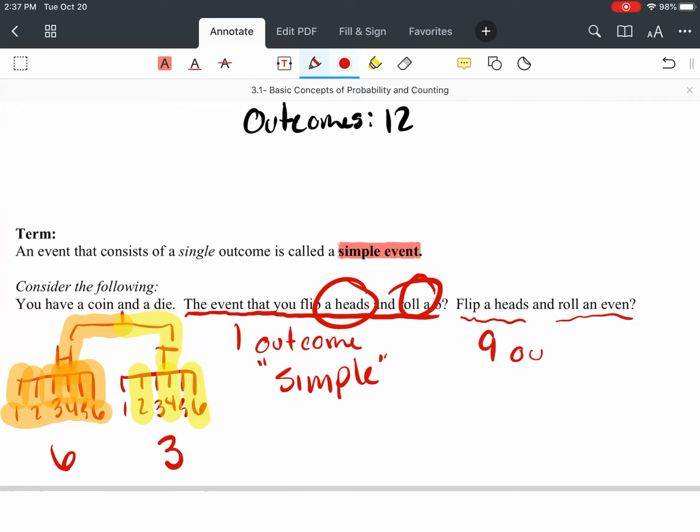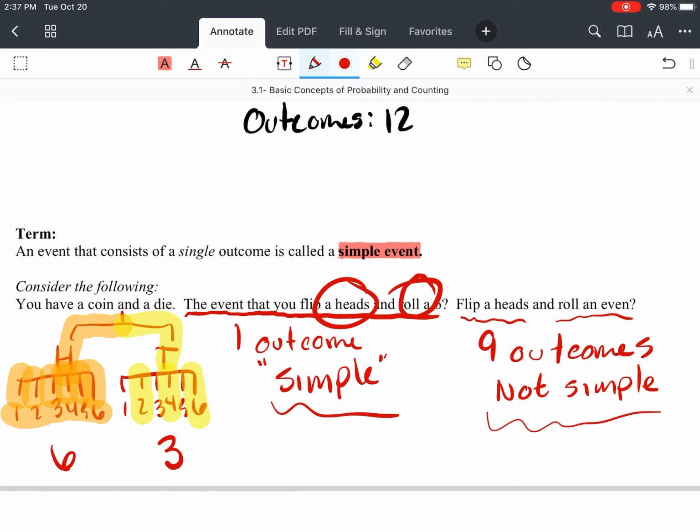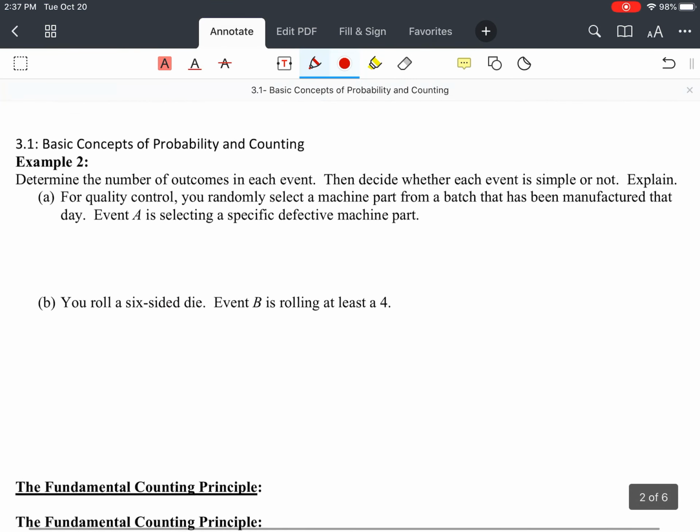So we have a total of 9 outcomes. So this one would be not simple. Simple is if you only have one path that you can follow. Not simple is if you have multiple paths that we can follow.